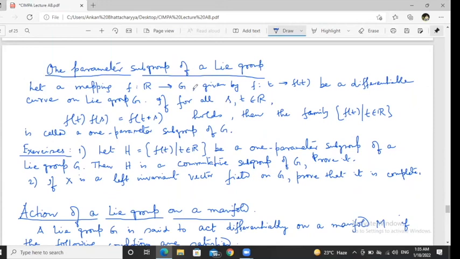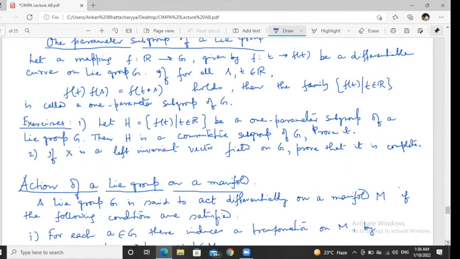Let a mapping F from R to G, given by t to F_t, be a differentiable curve on a Lie group G. If the condition F_t F_s equals F_(t+s) holds, then the family F_t is called a one parameter subgroup of G. Let H be a one parameter subgroup of a Lie group G, then H is a commutative subgroup of G. We can easily prove that H is a commutative subgroup of G. And if X is a left invariant vector field on G, then prove that it is complete. So this is a little about one parameter subgroups of a Lie group.